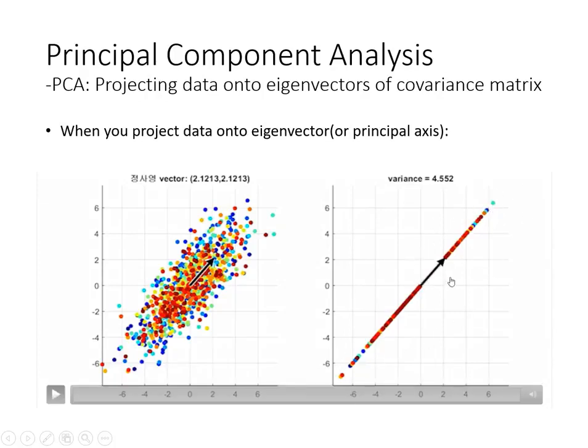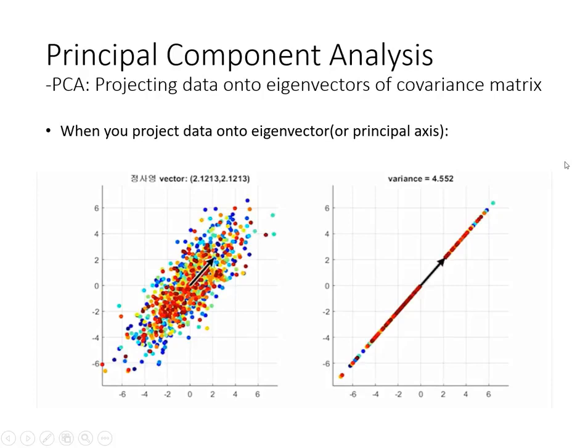In this video, I didn't mathematically prove that projecting onto the eigenvector will give you the biggest variance, but you can prove it with a Lagrange multiplier, and you can find it in many textbooks or on the internet. What I want to tell you is the intuitive meaning of PCA.